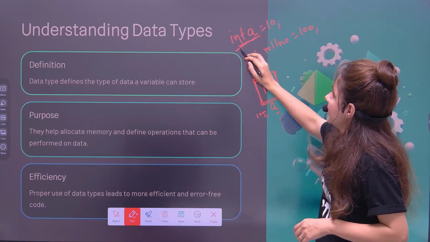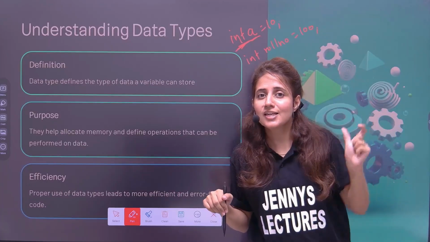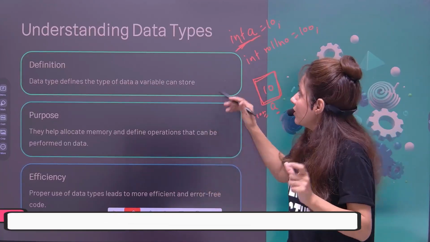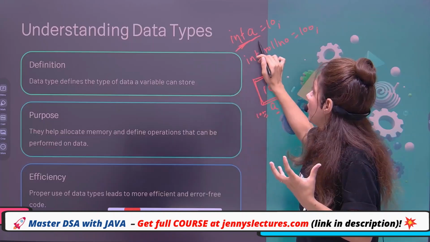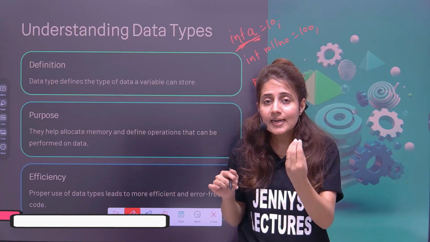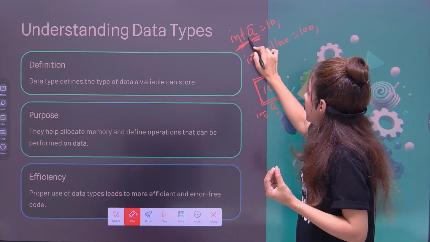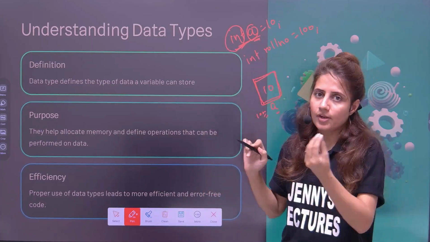Now what is this int? This is a data type. In the previous lecture also I told you what type of value a variable can store. The data type determines this, right? So this variable can store an integer value.